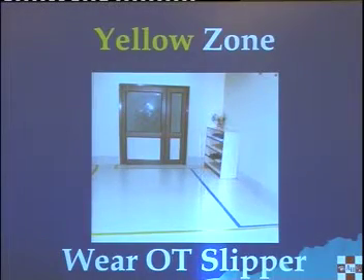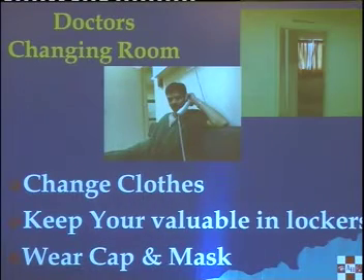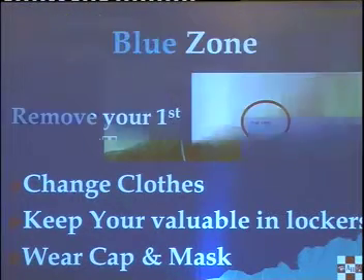After the white zone, you go into a yellow zone, where you take OT slippers, and that is where you have a doctor's change room and you change into a proper dress. We'll tell you what a proper dress is and how it should be worn.